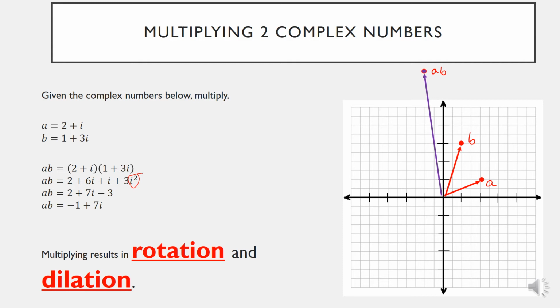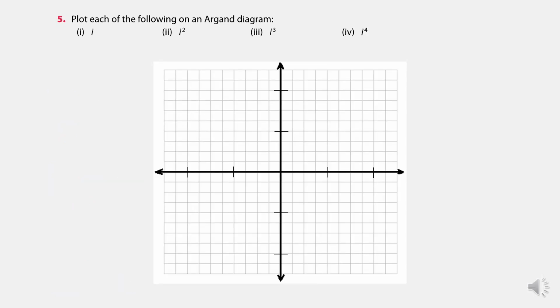Okay, so let's now look at i and what happens when we multiply by additional i's. We have the real and the imaginary axis here. Remember, this is i, 2i, minus i, minus 2i. Here's my real axis, 1, 2, minus 1 and minus 2.